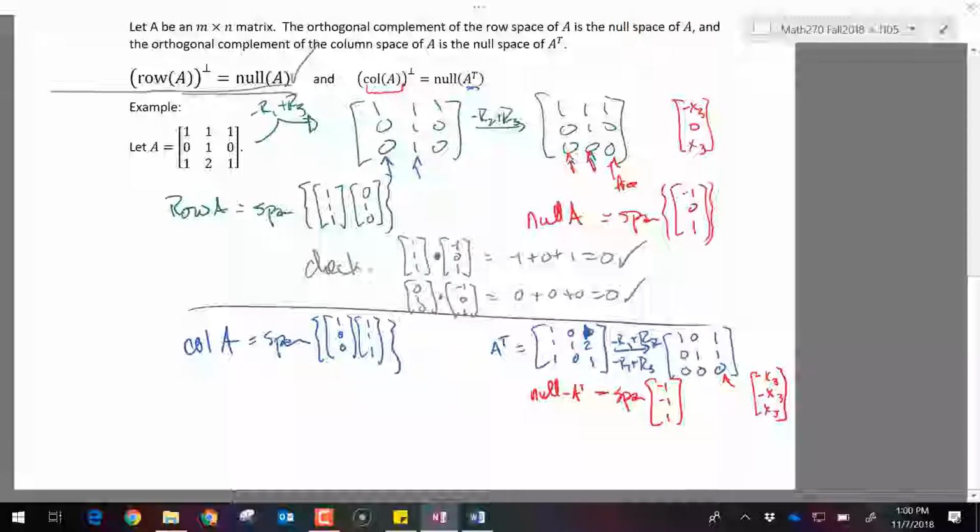And then what I'm saying is that the transpose of this should equal this, which means if I dot any of these vectors in the basis of the column space with the basis of the null space of the transpose, then it should be 0. Yes, the columns of A come from the original matrix, according to this.